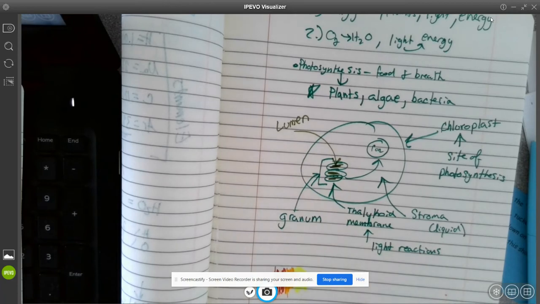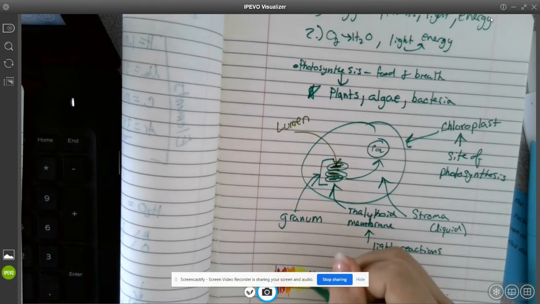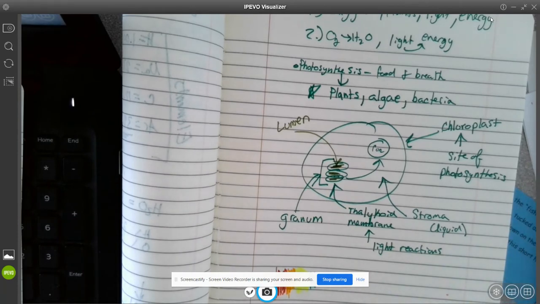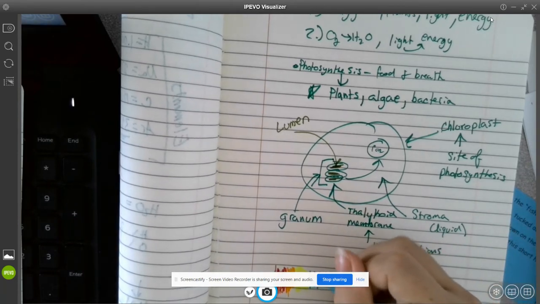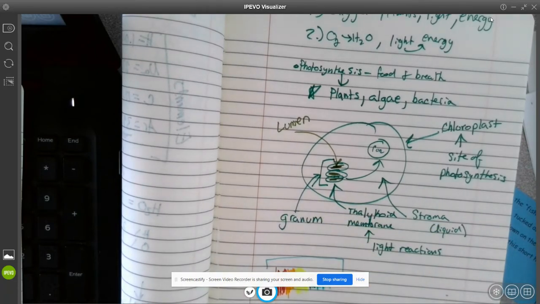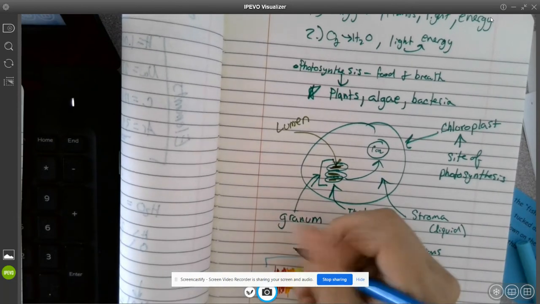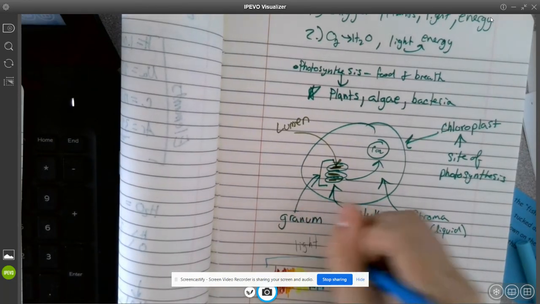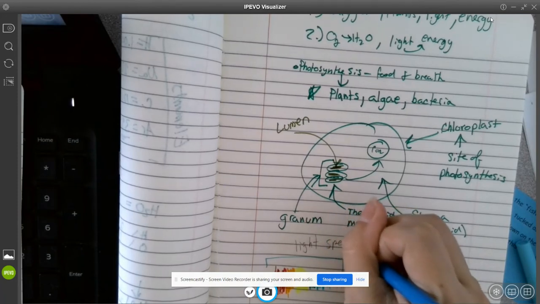I'm going to use a highlighter for that. And then it goes to green and to blue. So this rainbow right here is going to be our light spectrum. I'm going to write this up above it. So this is going to be our light spectrum.